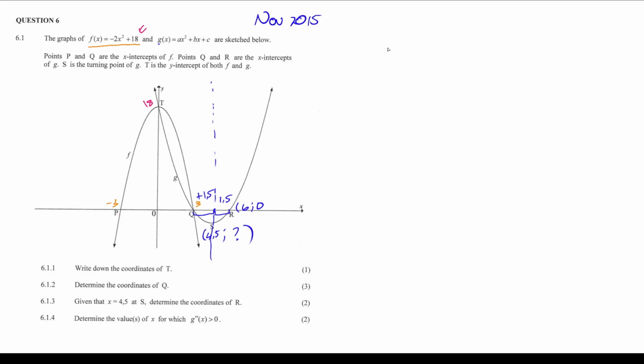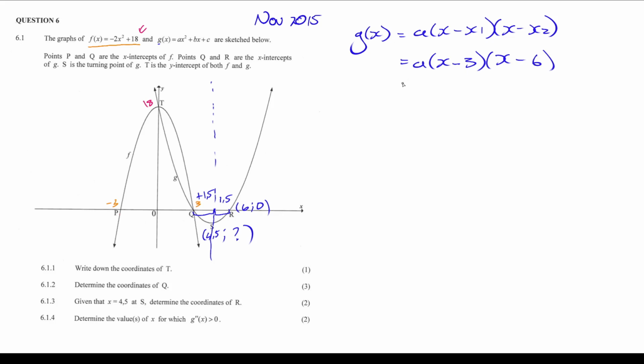So let's go. We have two x coordinates, so we can just say g of x equals a times (x minus x1)(x minus x2). And that gives us a times (x minus 3)(x minus 6). Remember, the signs change.